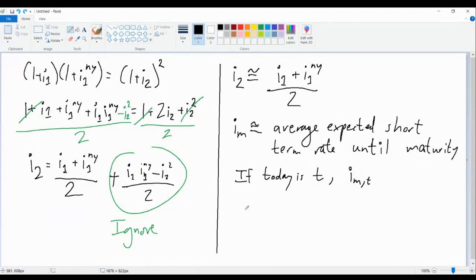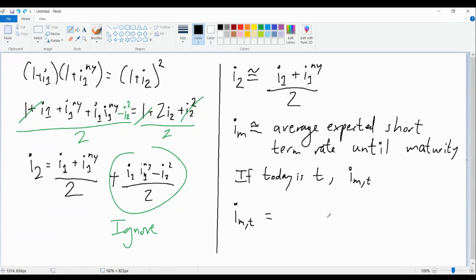Then the way to write this out would be that the interest rate of the bond of maturity M today should equal the average of the short-term rates until maturity. I think I made a mistake, sorry.